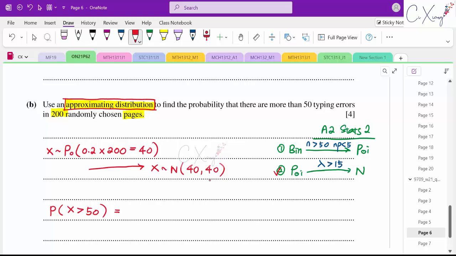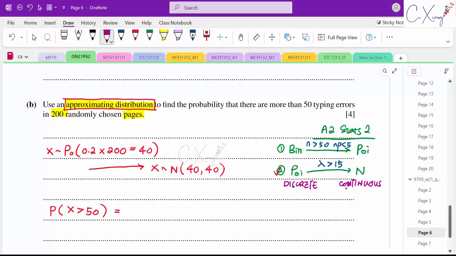For Poisson, you need to know that it is a discrete random variable. Normal distribution is a continuous random variable. A discrete random variable, when you draw the diagram, is a line graph, and there are gaps between all the lines. When you draw the continuous graph, it is a smooth curve, and most of the time there's no gap.